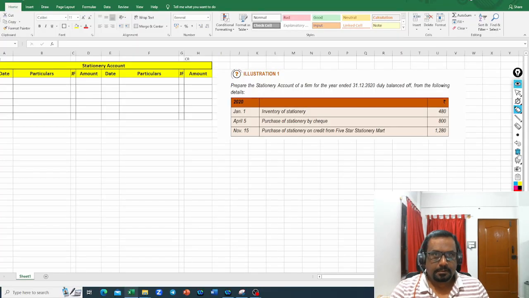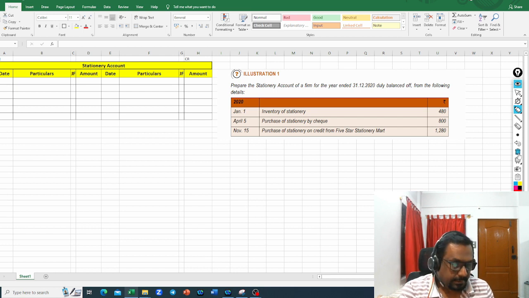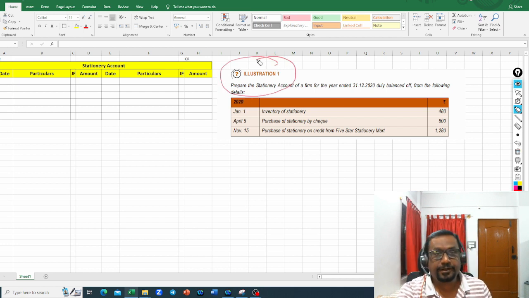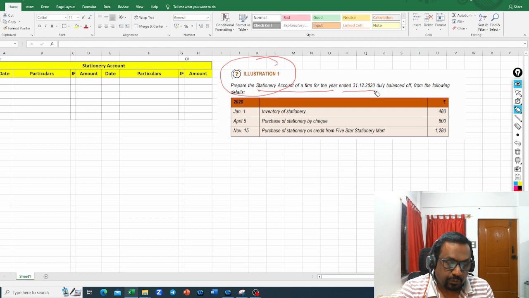Okay guys, let us get into the illustration now. As I said, this is the illustration I was referring to. This illustration I have taken from CA Institute material. What it says is, prepare the stationery account of a firm for the year ended 31st December 2020, duly balanced off from the following details.